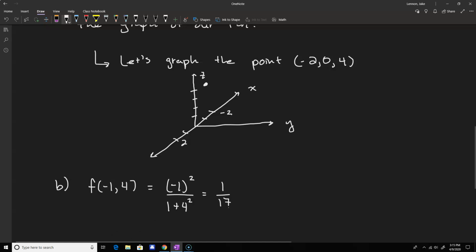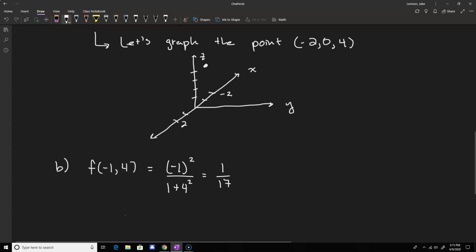So again, our ordered triple here, you don't have to write this, but I just want to indicate it since we are just getting introduced to multivariable functions, would be x is -1, y is 4, and our single output here is 1/17. So that would be our ordered triple that we have.